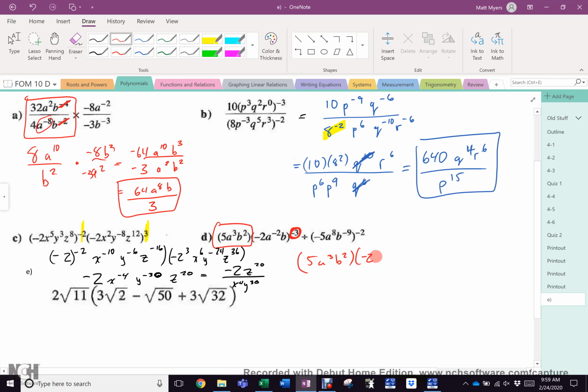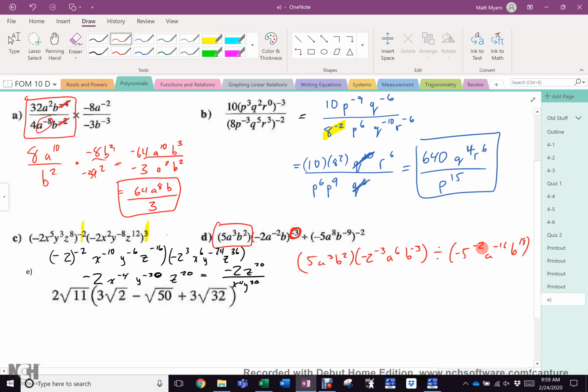times negative 2 to the negative 3, a to the 6th, b to the negative 3, divided by, might as well do that while I'm at it, negative 5 to the negative 2, a to the negative 16, and b to the 18th. Now you have choices. You can combine or you can move up and down.